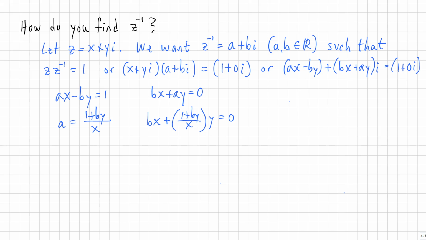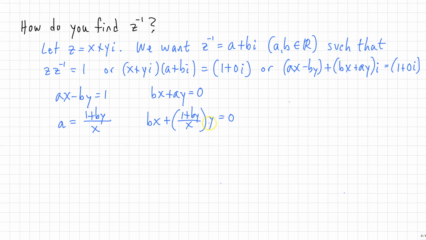So what I'm trying to do here is come up with, if you have a complex number with x and y, how would you come up with its multiplicative inverse using only that x and that y? So I'm going to take these two equations and get a and b in terms of x and y. Then I only need to know my given complex number, and then I can come up with its multiplicative inverse.